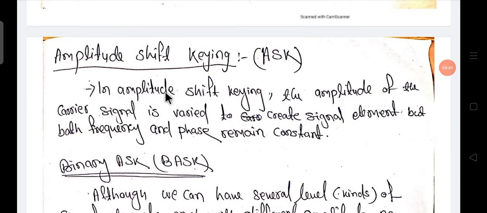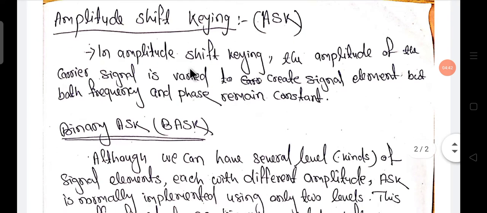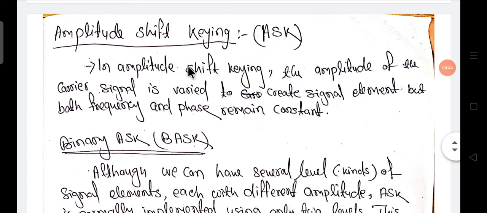Now let us discuss what amplitude shift keying is. In amplitude shift keying, the amplitude of the carrier signal is varied to create signal elements, but both frequency and phase remain constant.